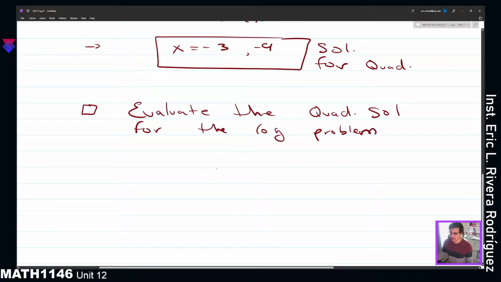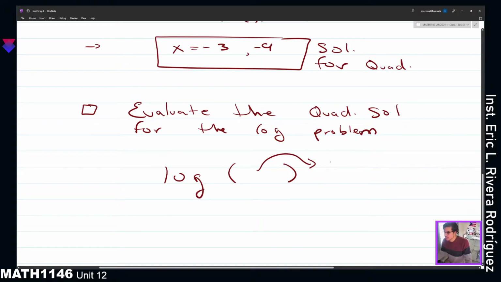Because if we go back to the property of the logarithmic functions, we know that the domain of the logarithmic function is from 0 to positive. So that means that log has a restriction on the argument.